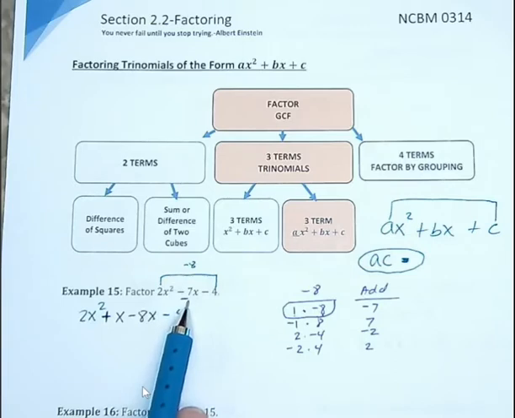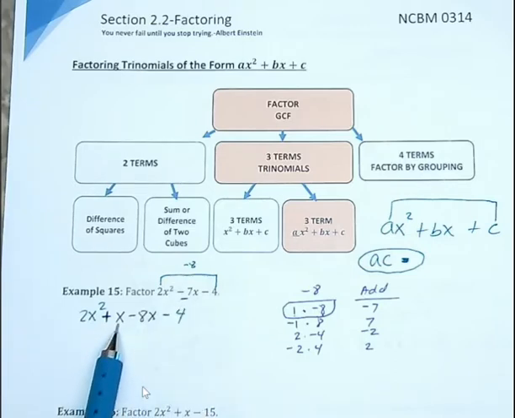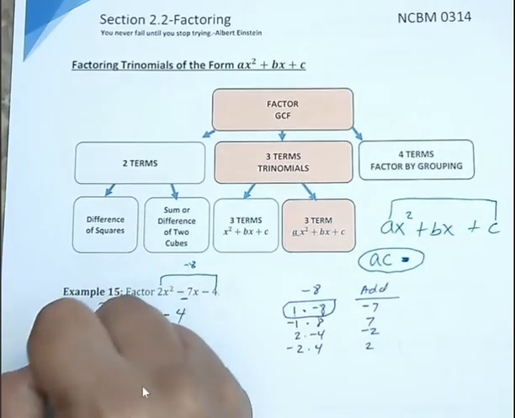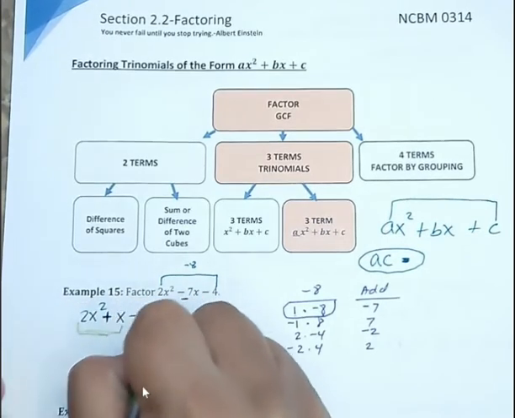Notice that negative 7x, we just replaced with x minus 8x. What we can do next is write down these 4 terms and group them. So I'm going to group this term and these terms.